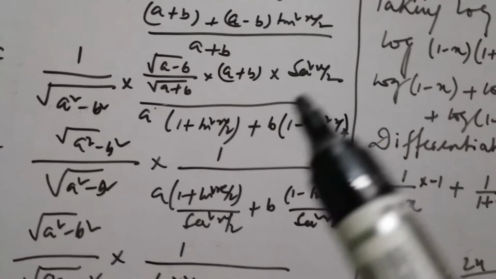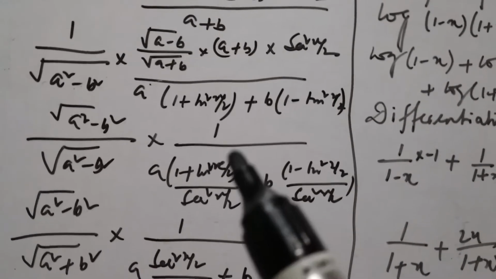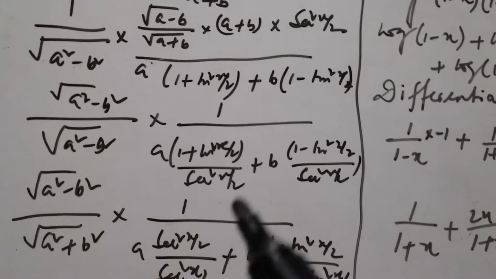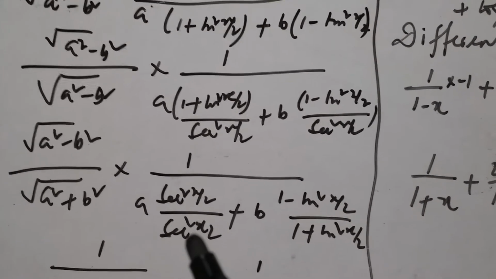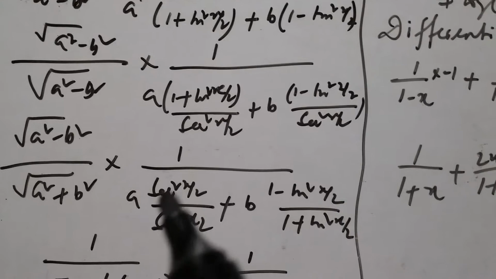Then we divide sec square x by 2 by the denominator. Here we get sec square x by 2 by sec square x by 2, which is equal to 1.